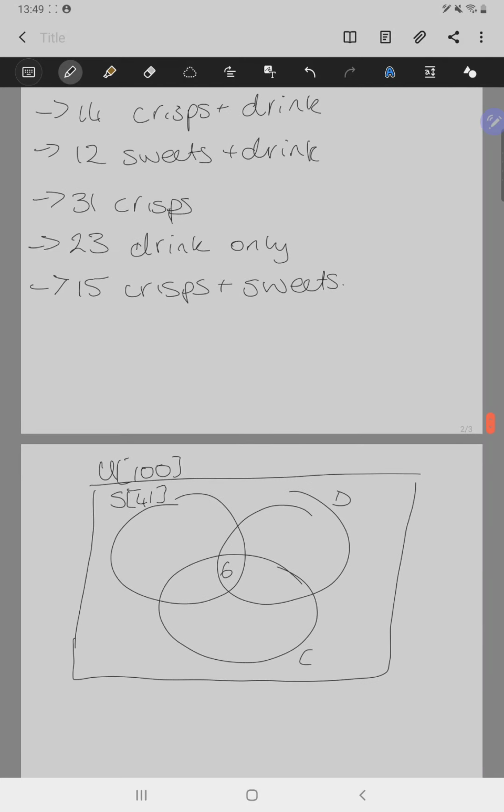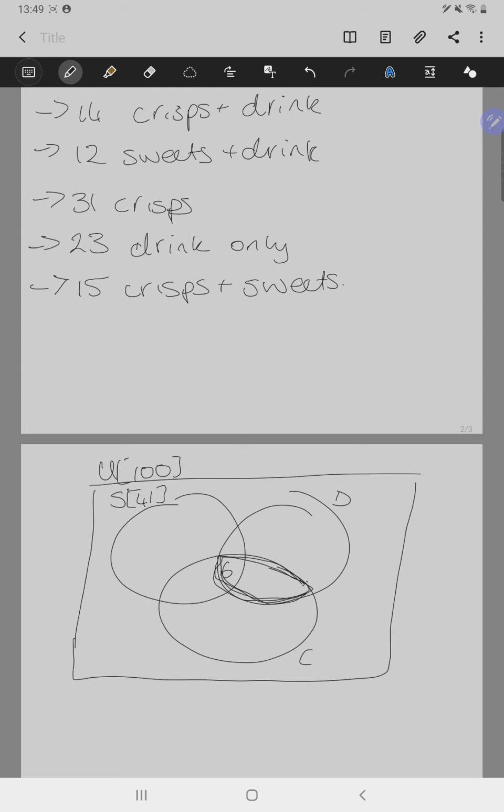They tell us that 14 people bought crisps and a drink. So crisps and a drink would be all of this here. Now I know you're probably thinking that, oh, that's in sweets as well, but they don't give us any information about if it's only crisps and a drink. They just tell us that 14 people bought crisps and a drink.